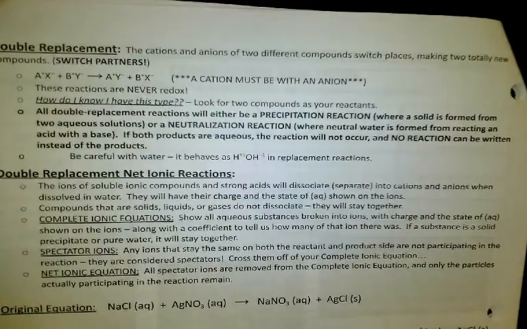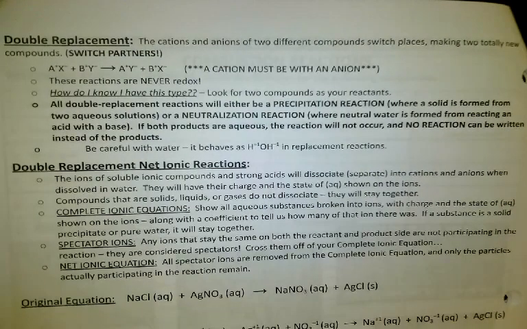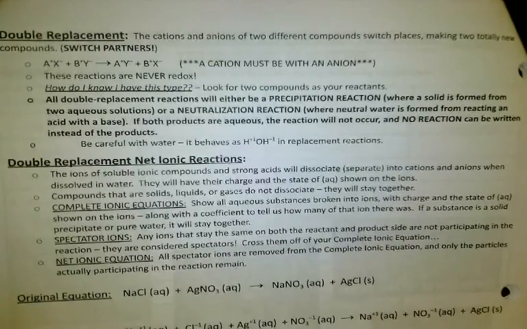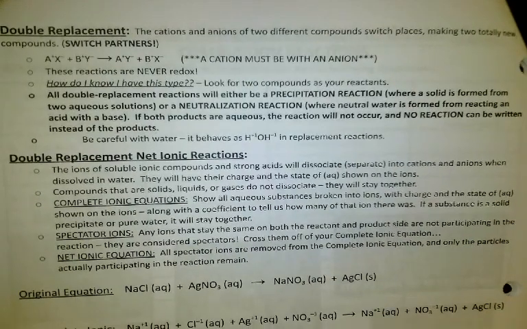Now, double replacement reactions: the cations and anions of two different compounds switch places, making two totally new compounds. Okay, so in double replacement reactions, it is just two compounds before the arrow. We have written the formula equation for double replacement, and we have used solubility rules.